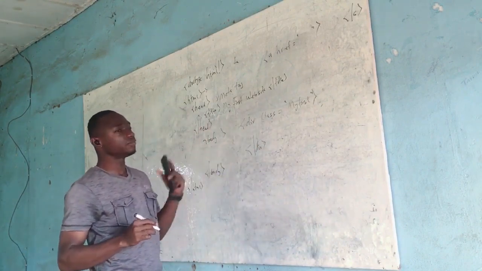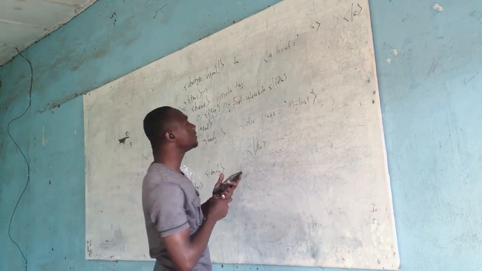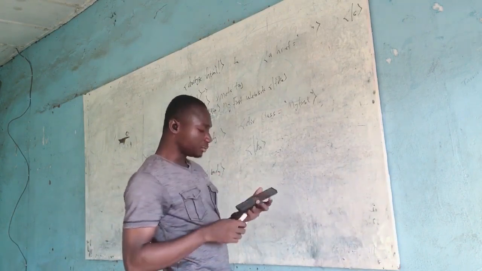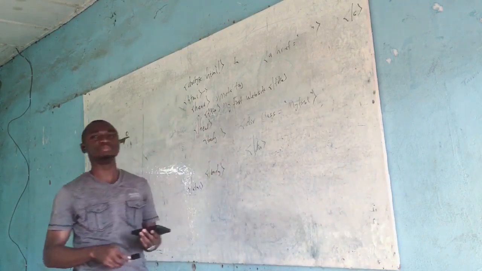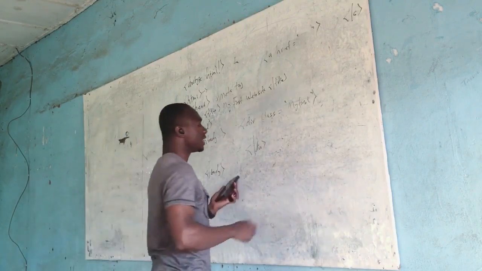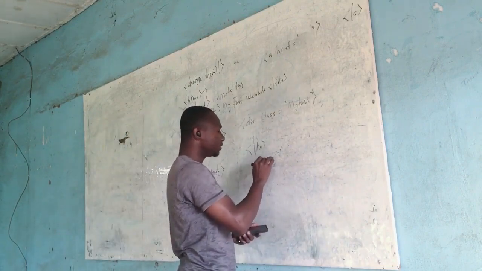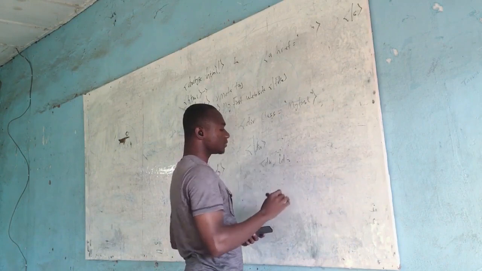Apart from this, you also can have another attribute called the ID attribute. Now, the ID attribute, div, ID, okay.